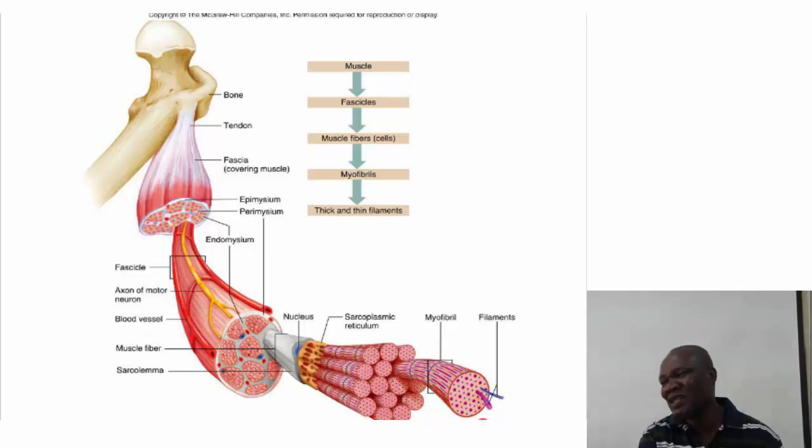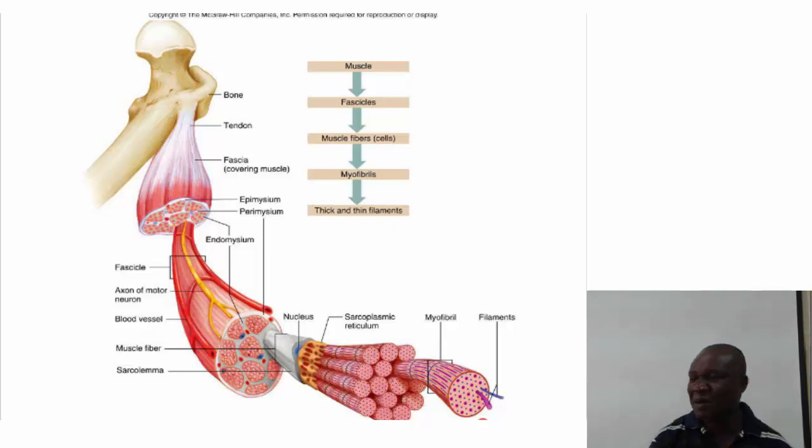Okay, I'll go over it again. I mentioned that we are going to look at the skeletal muscle. The skeletal muscle is the muscle that attaches to the skeleton. It is striated and voluntary.